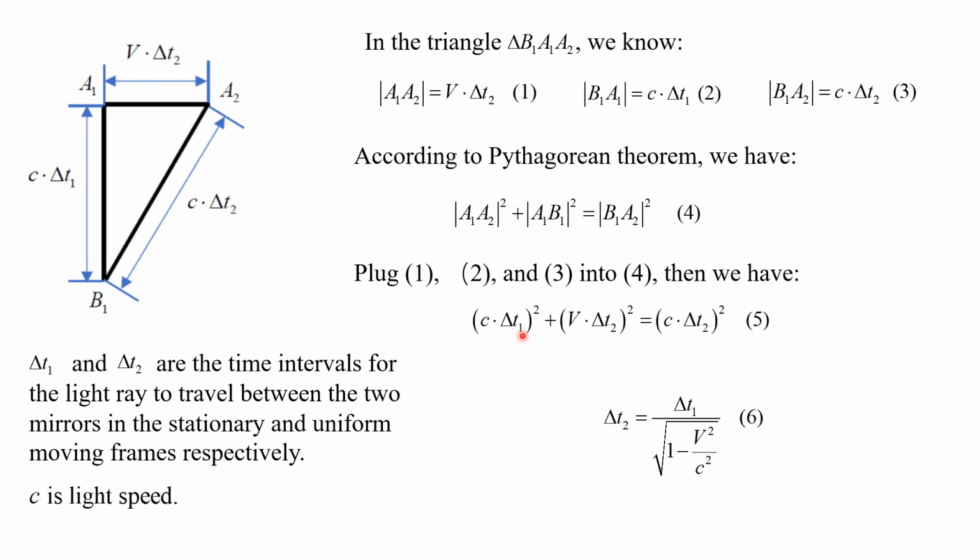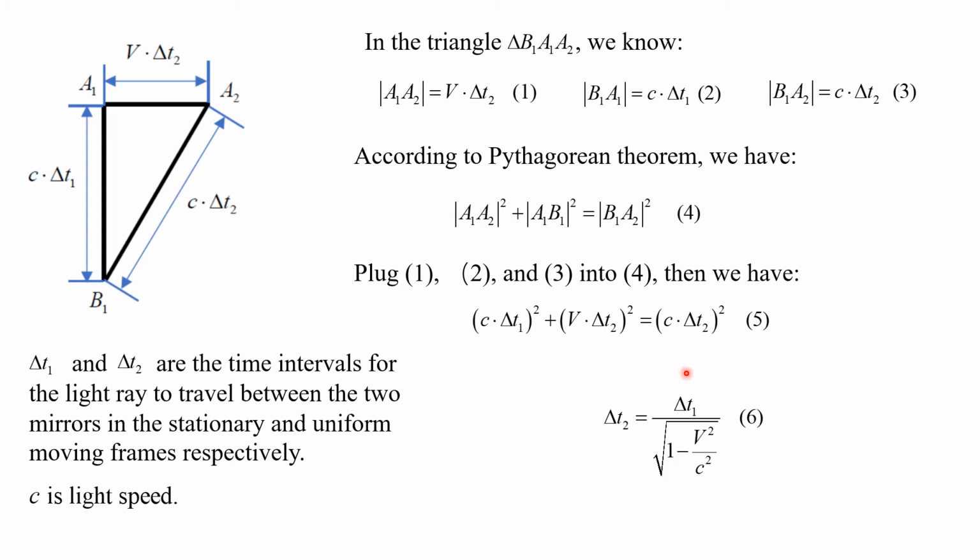C times delta T1 squared plus V times delta T2 squared equals C times delta T2 squared. And from equation 5, we can derive the relationship between delta T1 and delta T2.